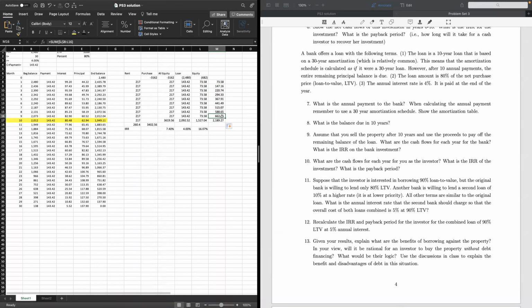Here, at the end of year 9, you only get cumulatively 662,000, which is still lower than your initial investment. You only get the initial investment back at the end of year 10. So your payback period is still 10 years.